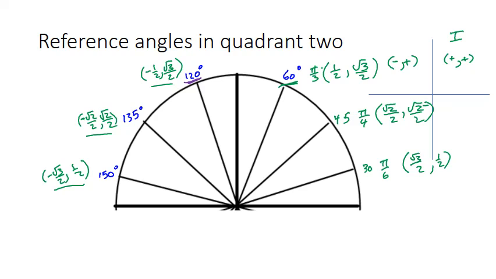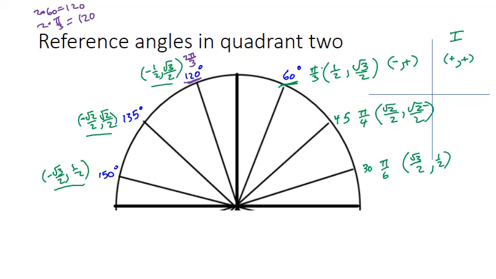So if 2 times 60 gives you 120, then 2 times pi over 3 should give you 120, because pi over 3 and 60 are the same. So that tells us that the radian measure here was 2 pi over 3.